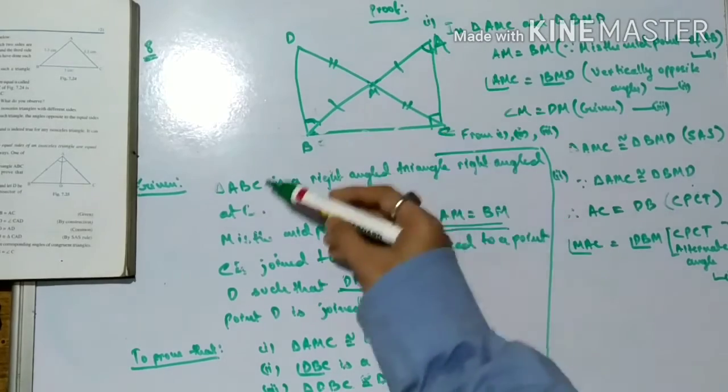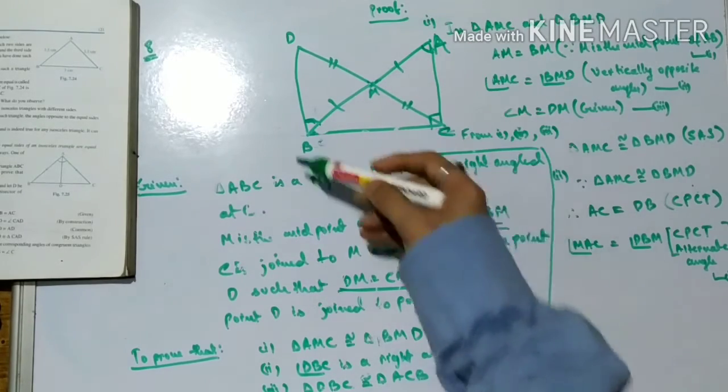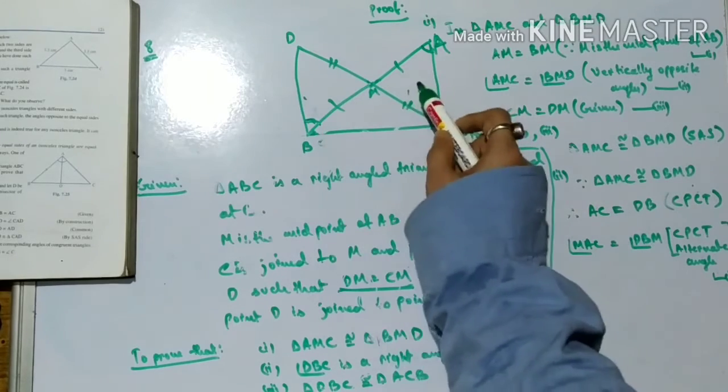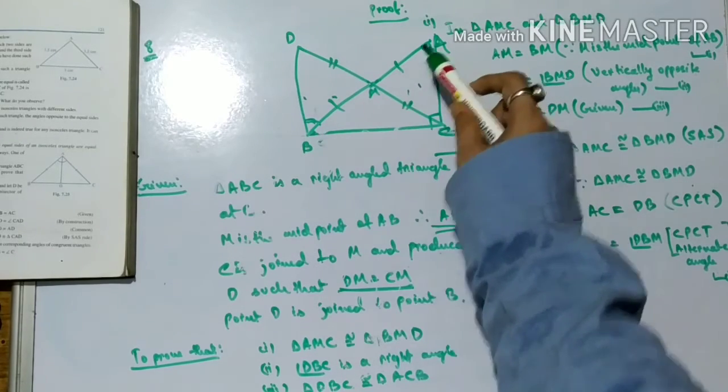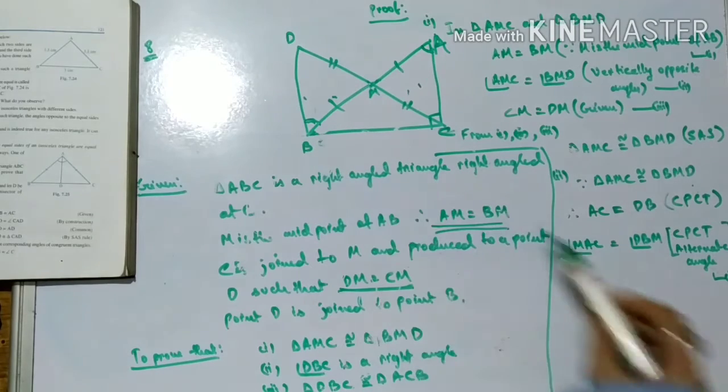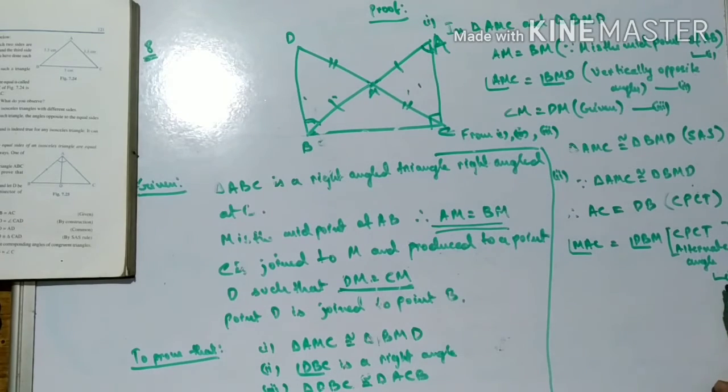Yes, they are alternate angles and these two angles will be equal because by CPCT I can say this triangle is congruent to this triangle. Therefore CPCT and alternate angle.